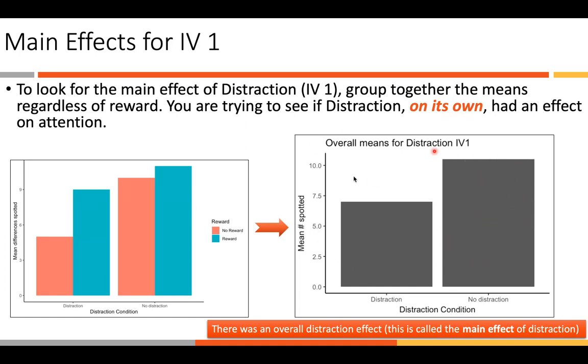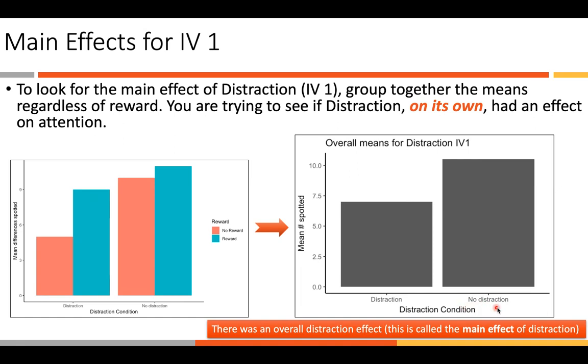So the graph on the right has become the main effect depiction for distraction condition, in which we average all of the distraction bars together to get this, and we average all of the no distraction bars together to get this. So now our comparison of these 2 bars becomes our main effect of distraction. And it looks like there is a main effect.